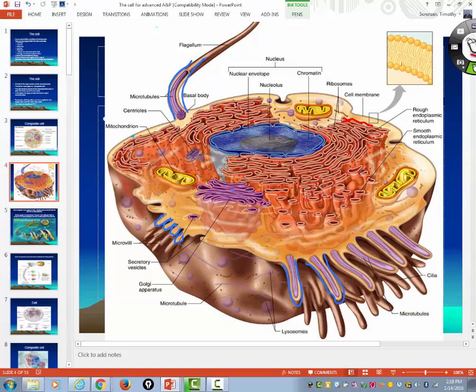So let's start here with the mitochondria. The mitochondria, or mitochondrion singular, mitochondria plural, this is where you make cellular energy. So if you read in your book, cellular energy is created aerobically, meaning you need oxygen in the mitochondria.